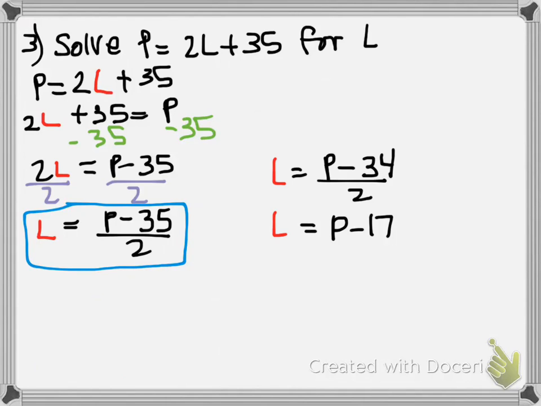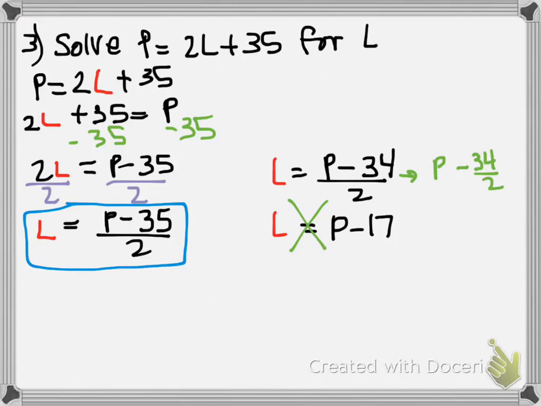I don't know. Okay. Oh, you better know. What did that person do to get P minus 17? What did they divide by 2? You did 34. All they did is this. Is that fair? No, that's not fair.